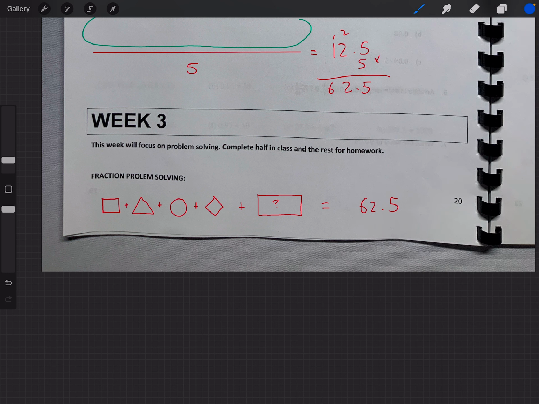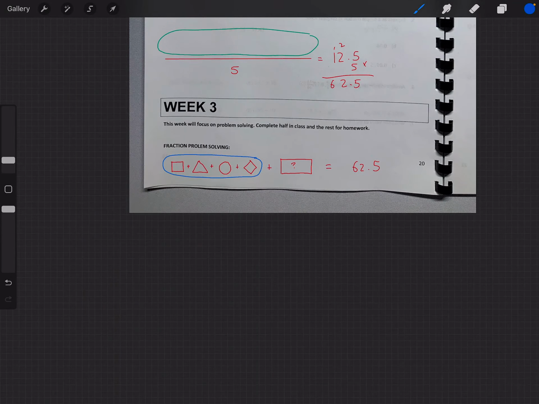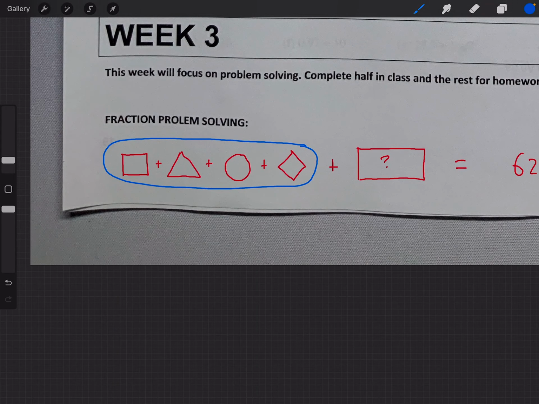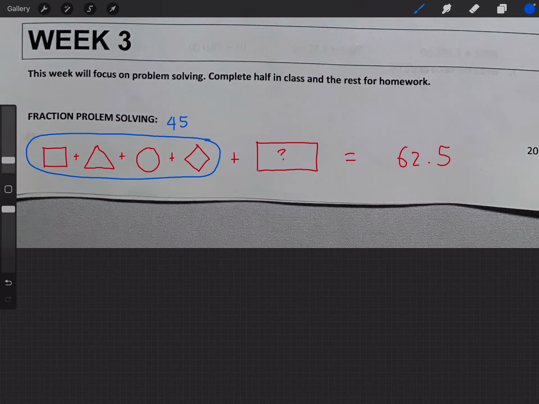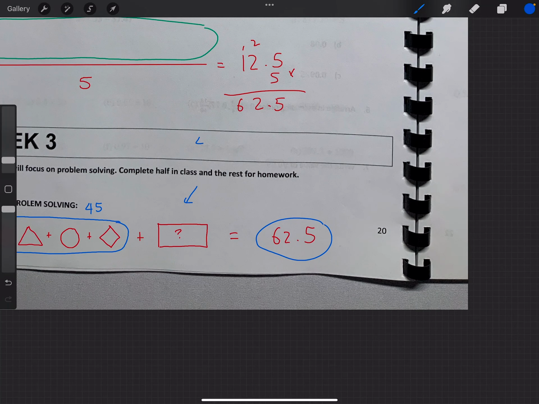But at the same time, we know that these 4 numbers have a total of 45. We worked it out in the beginning. So 45 plus one final number will give us 62.5. We have 45 plus some number is equal to 62.5.